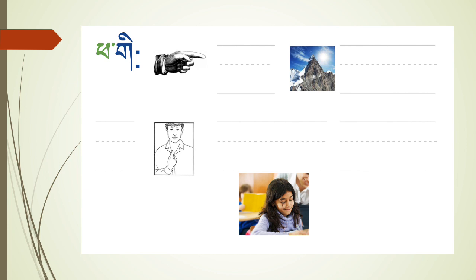But how do you finish that sentence? Well, the answer is pagi rire. Pagi means over there. So over there is a mountain. What about the next sentence? I, student, am. How do you say I am a student? Nga lobchu yin. Nga lobchu yin.